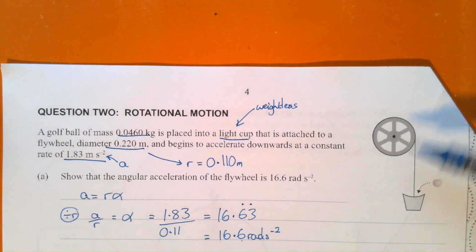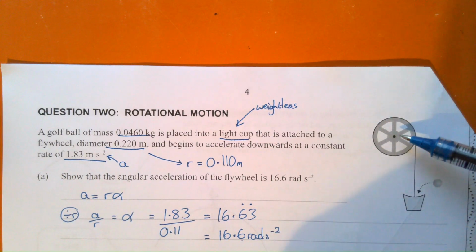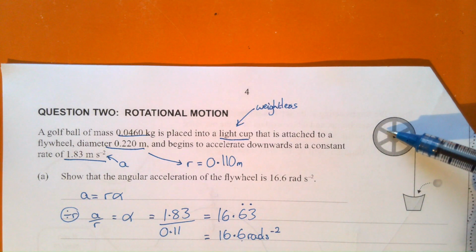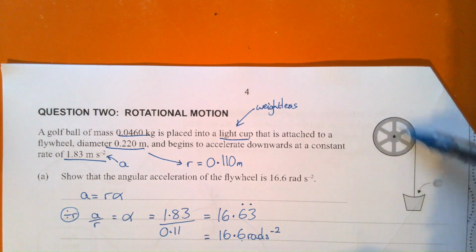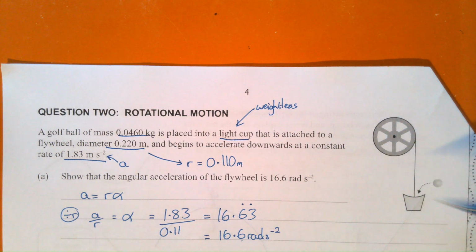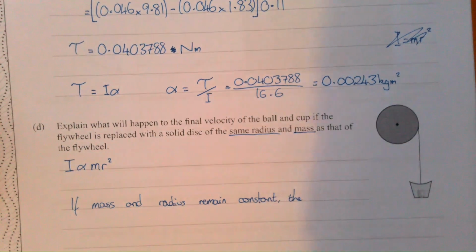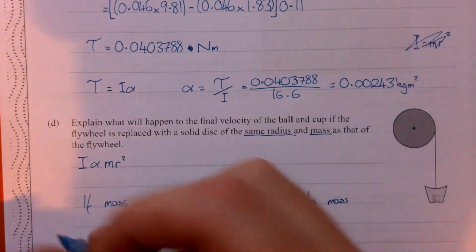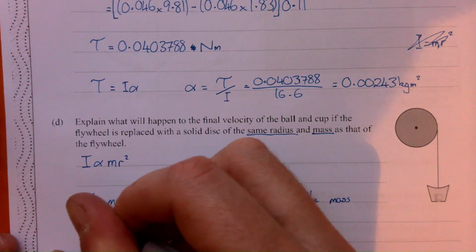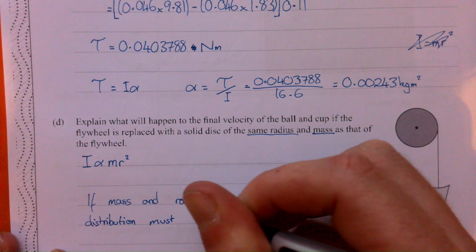Because in the flywheel, if it's the same mass as the solid disk in part D, this metal must be more dense than the new solid disk, because there's a much smaller area here that is taken up by the flywheel itself. Therefore, if the mass and radius are the same, the mass distribution must have changed.